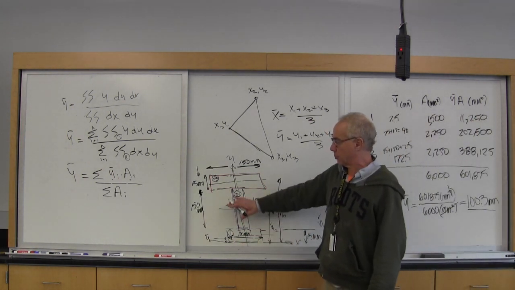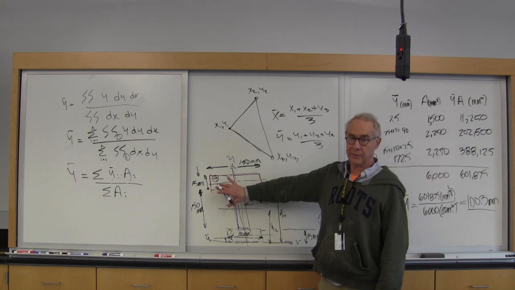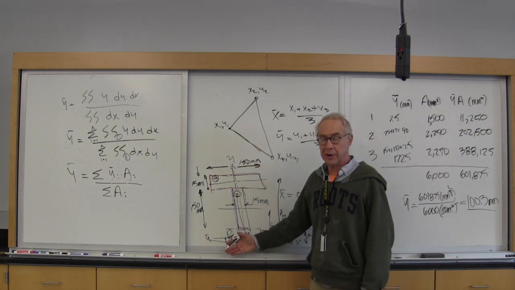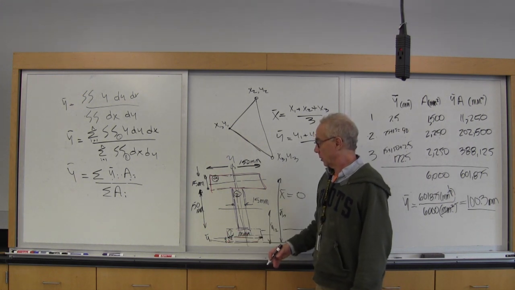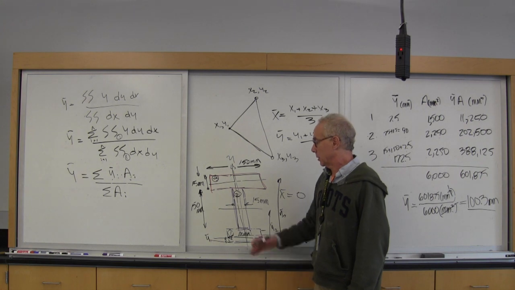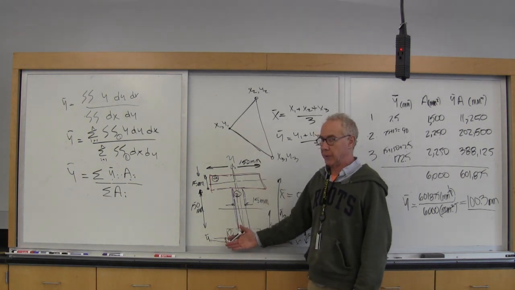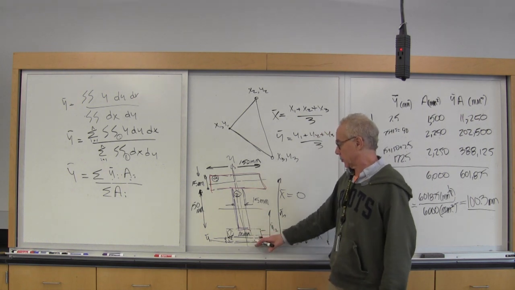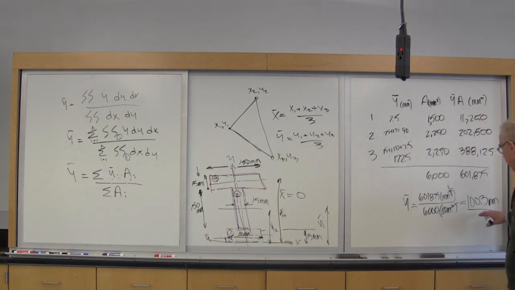Okay, so that's the centroid of our composite area, made up of essentially the cross section of an I-beam. It's asymmetric. I don't know if it's called an I-beam, it's not exactly an I-beam, but a cross section of a steel beam, for example, with these dimensions would have a centroid of 100.3.